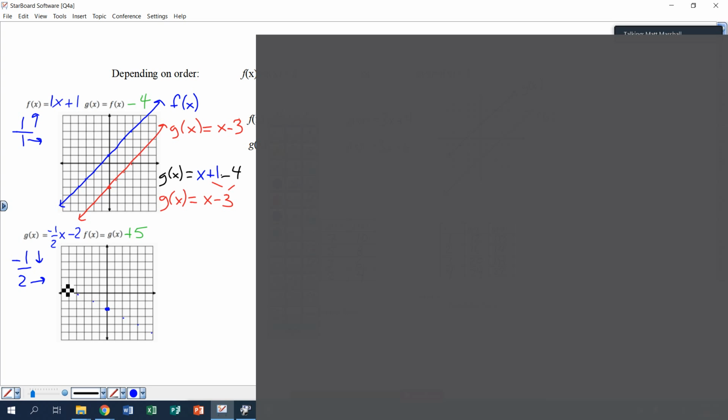Again, the way I like to teach it is always do your run first. Because if you always do your run first, then from there, you only have 2 options. From there, you're either going up if it's a positive rise, or down if you've got a negative rise. You simplify it like that, it'll make your life so much easier. But if you try to do slope by going up and over and left and right, good luck.